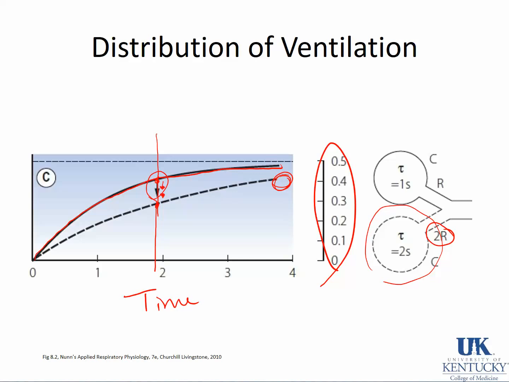So you've got better distribution of ventilation, or more equality in distribution of ventilation between these two lung units. That's the theory behind the advantage of an inflation hold or an inspiratory pause with positive pressure ventilation, because if you held inflation at this particular point in time, you'd get more gas flow going to the lung unit that had the increased resistance than you would have without having done that.